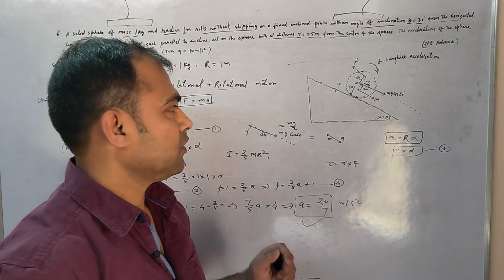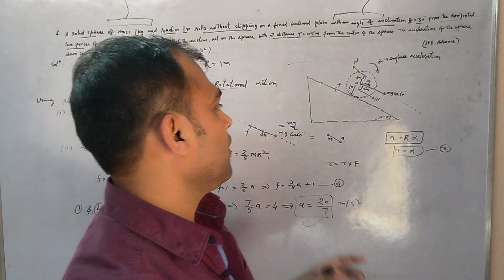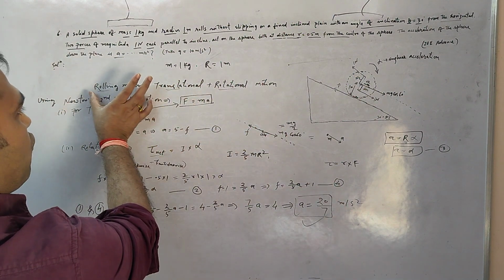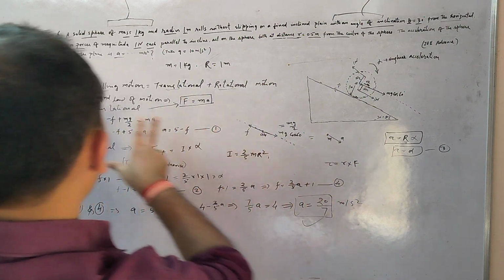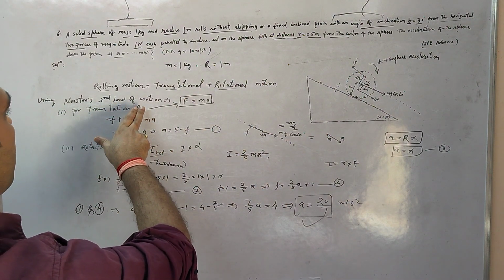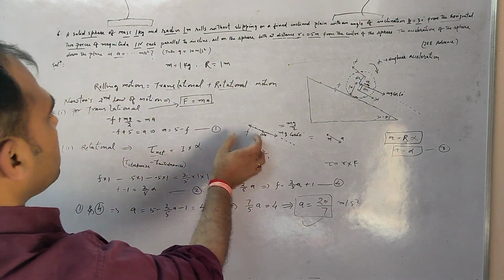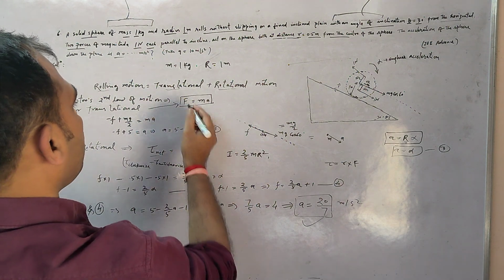I hope there was no issue while solving this very important question. Rolling motion, translational plus rotational. First, using Newton's second law for translational motion of our center of mass, net force will be equal to ma.